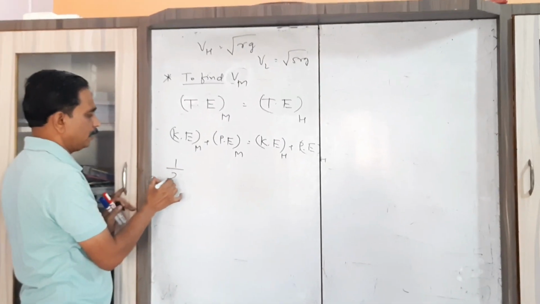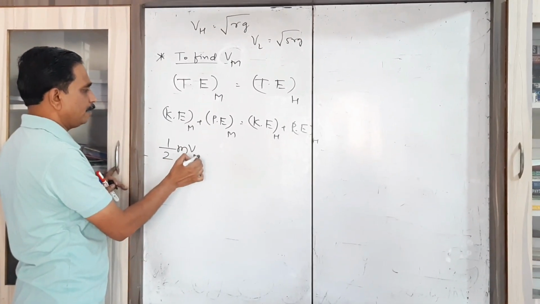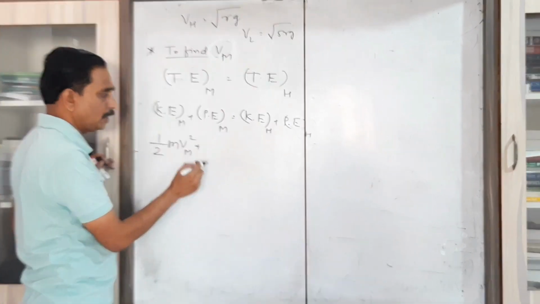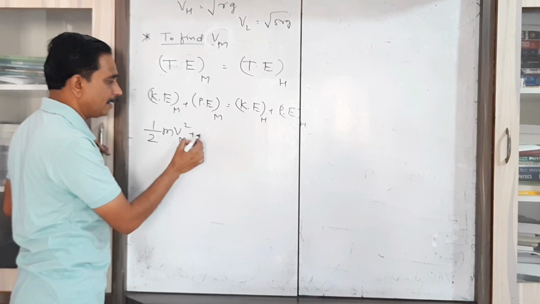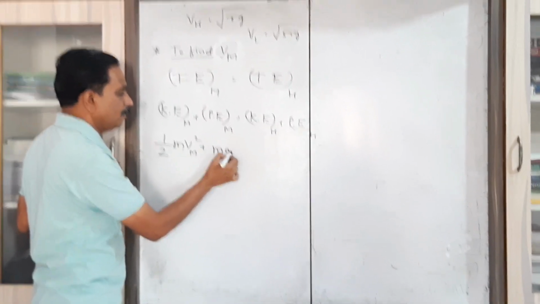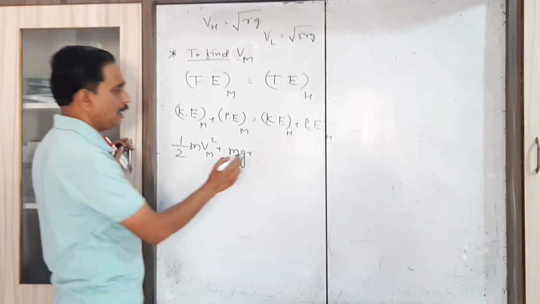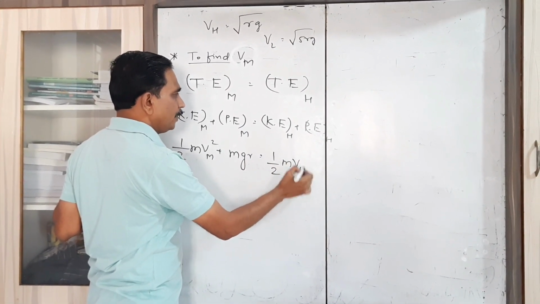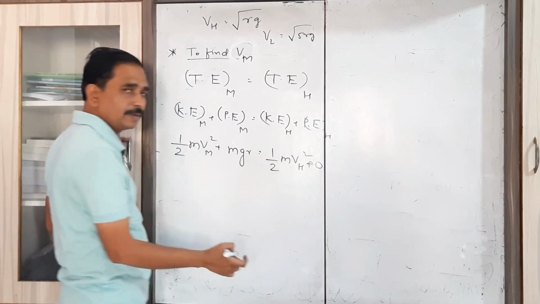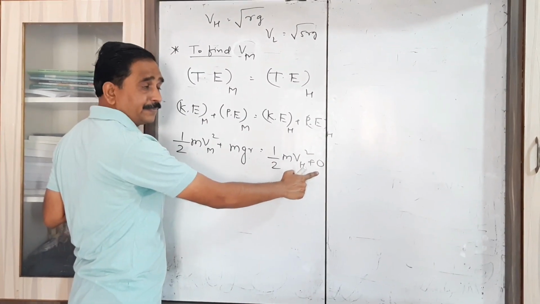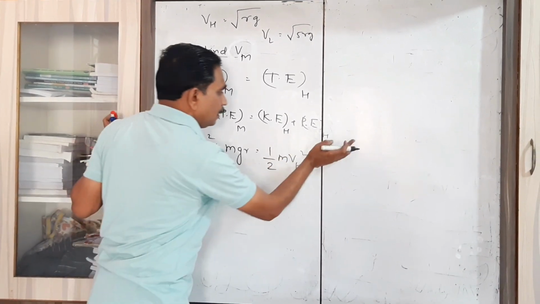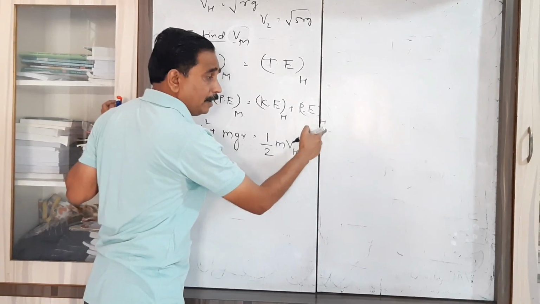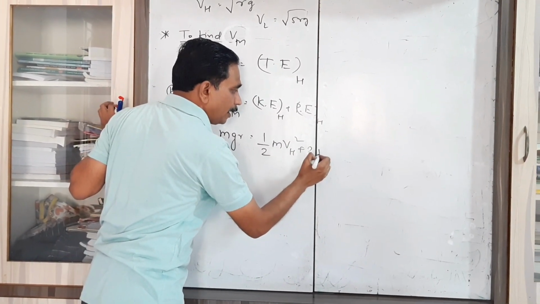Now put the respective values: half m vm square plus, when the body is at the horizontal or middle position, the height is equal to r, so the potential energy is mgr, equal to half m vh square plus 0 at the highest position, where you have to put the value of h as twice r.